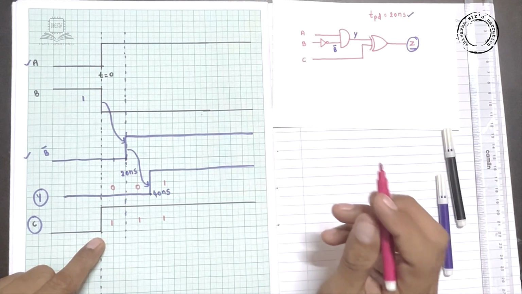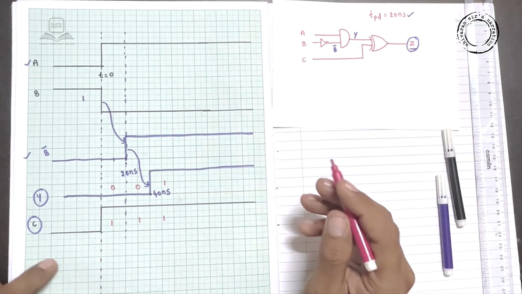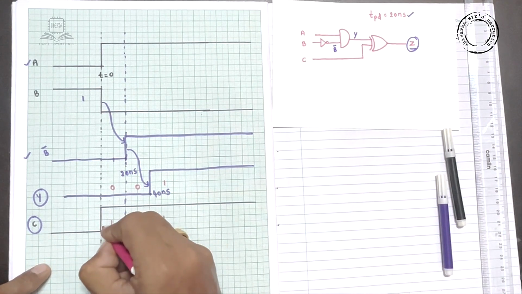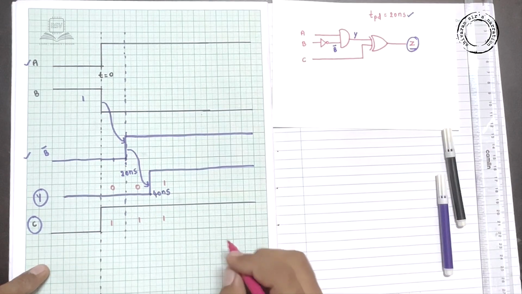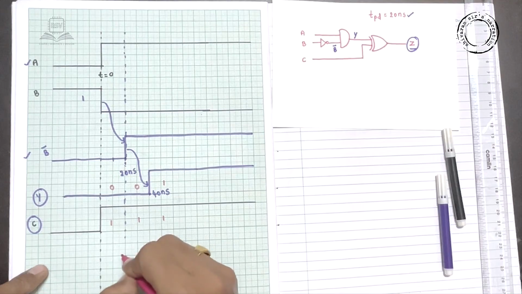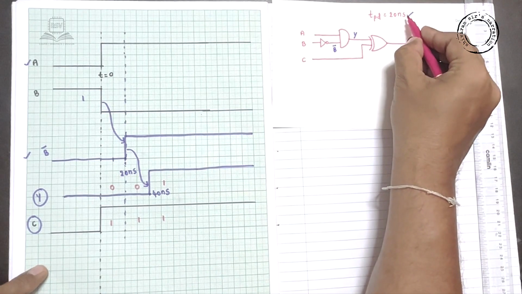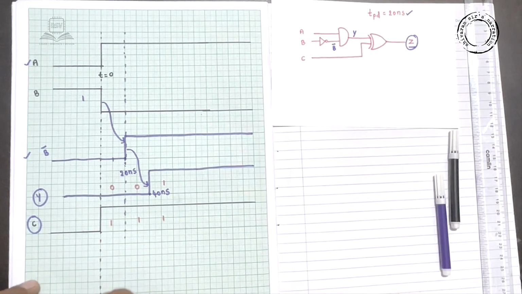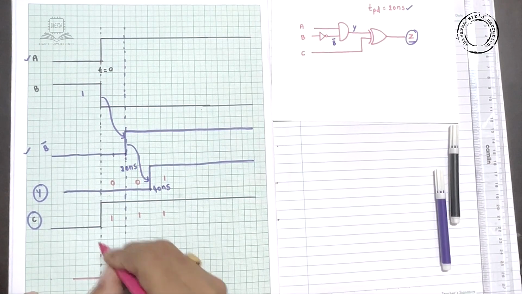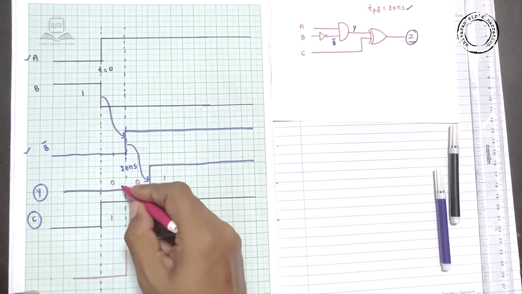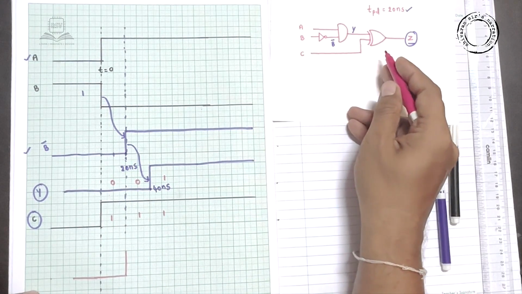Similarly it's a 1 1 kind of thing. Yes, now the first change, C has changed from 0 to 1, right, and that will appear at the output after 20 nanoseconds. Hence here the output will be like this, 0 to 1, because of that the output will be logic 1 because of the XOR gate.